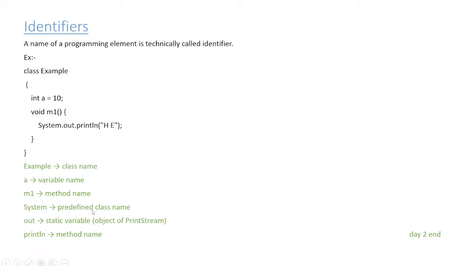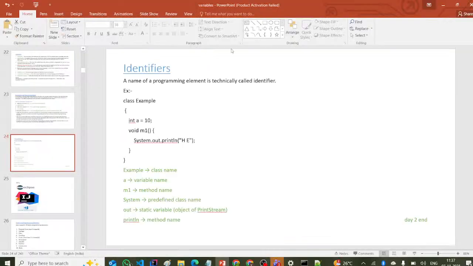We have a concept called predefined and user defined. And out is a static variable, an object of the print stream, and println is also a method name, like M1. So these are all called programming elements, technically we call them identifiers. Done?